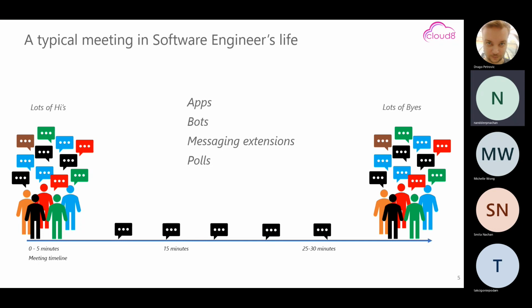At the same time, we can create a bot that will help us push some kind of agenda to our participants, or get some more information about the meeting that is happening in the future. And then we can even create some kind of messaging extensions on top of it. Polls are a very nice way through which you will be able to engage your users.